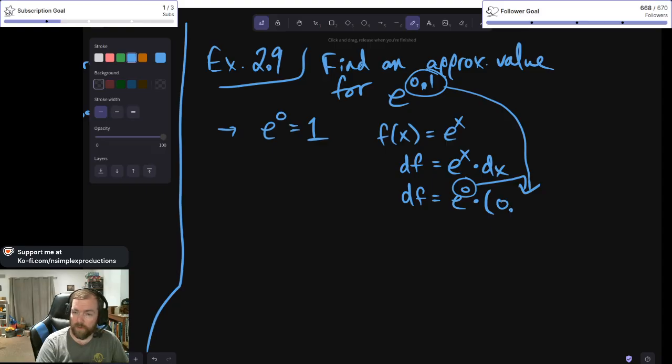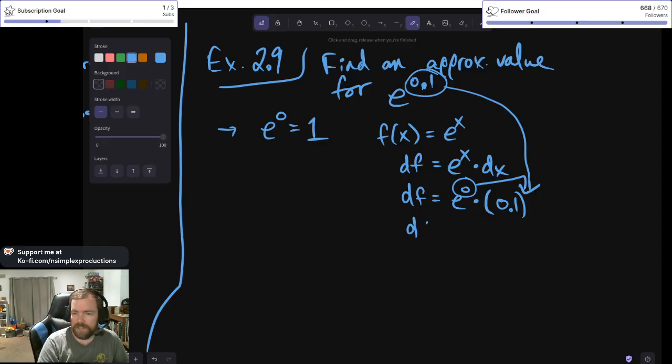It's 0.1. In what direction? It's higher. How do exponential functions work? They're monotonically increasing. So as we move to the right, it will always move up. It makes it much easier to think this through.